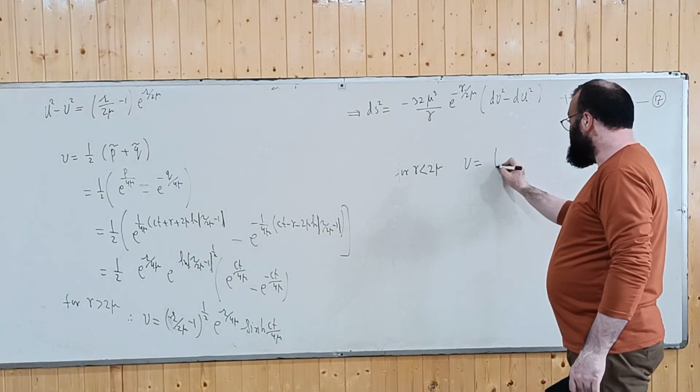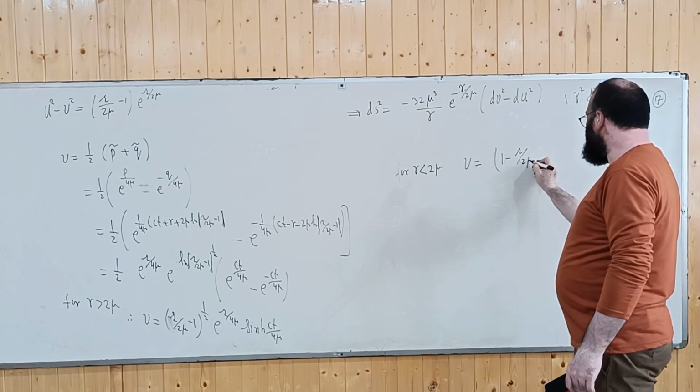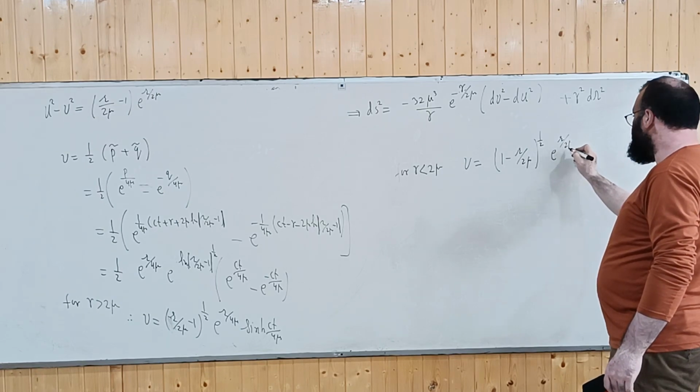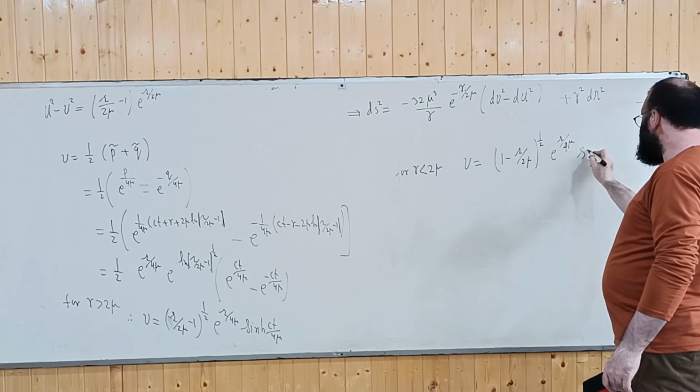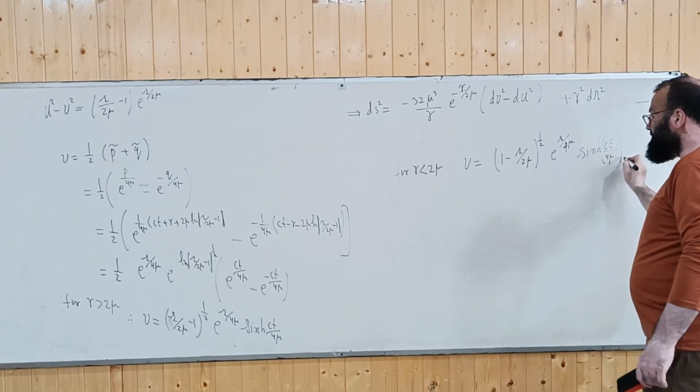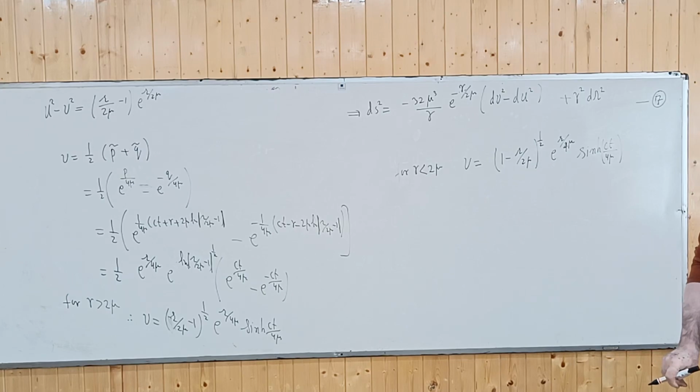So it is simply 1 minus r by 2 mu raised to the power half, e raised to the power r by 4 mu, sine hyperbolic ct by 4 mu.